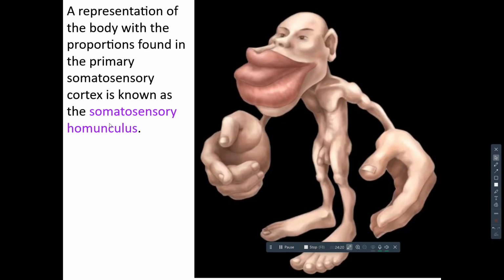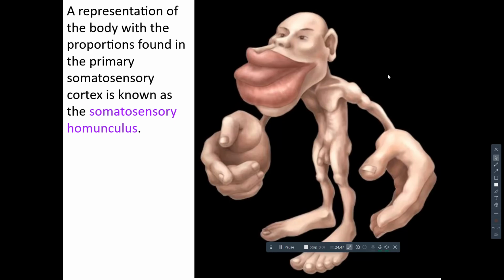This guy is called the somatosensory homunculus. Notice he's similar to the motor one, although his eyes are a lot smaller. His feet are bigger, genitals are bigger. But other than that, he's fairly similar. Big hands, big lips, big tongue, big ears as well, but small eyes. So not really a lot of sense of touch for our eyes, right?